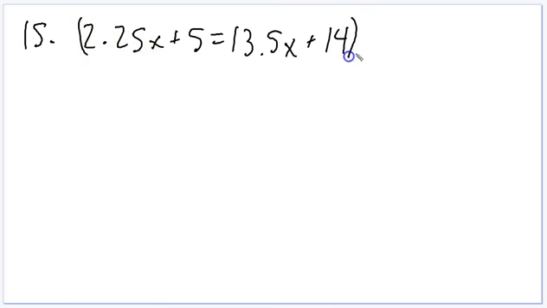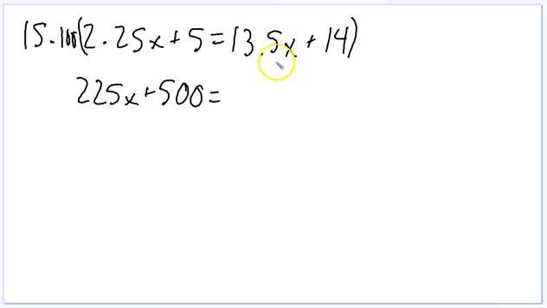First, I'm going to multiply this whole thing by 100. That moves the decimals over. I get 225x plus 500 equals, move it over twice, so we get 1350x plus 1400. Okay, hope everybody's with me.